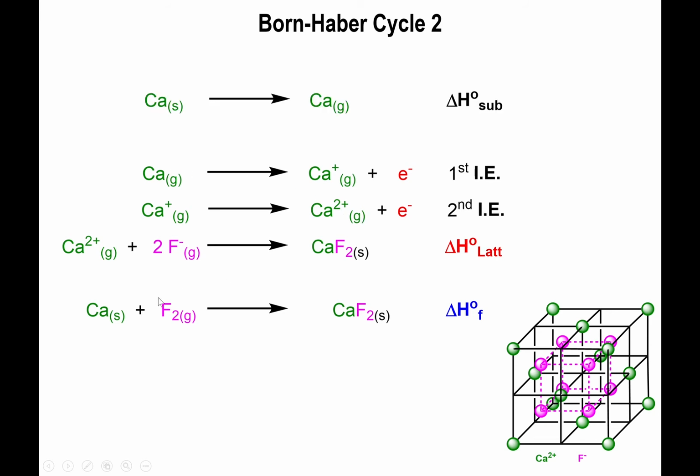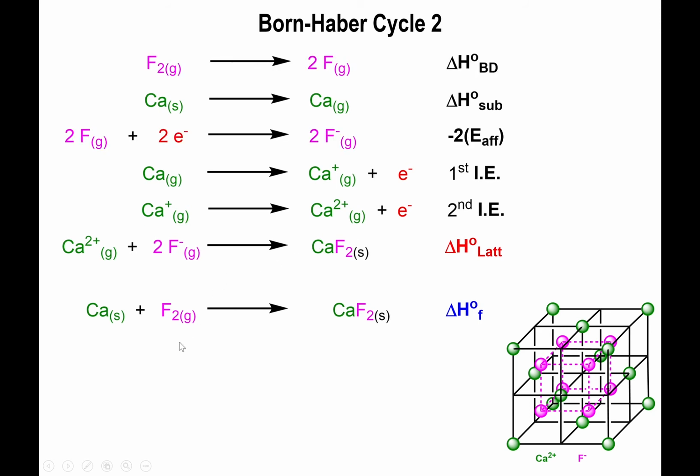We also need to have calcium solid be turned into calcium gas, so we're looking at the sublimation enthalpy for calcium. And then for fluorine, if we start with neutral fluorine, we need to turn that into fluoride, and that is known as the negative of the electron affinity. But we need 2 fluorides, so we're going to multiply that by 2 as well.